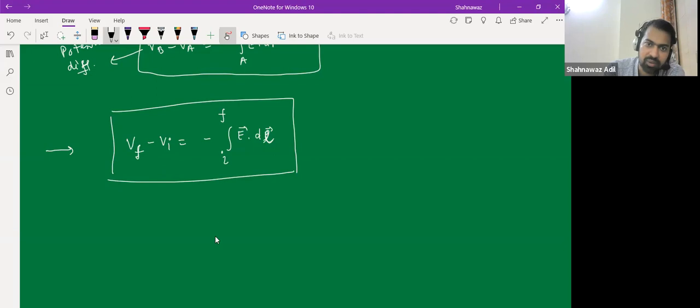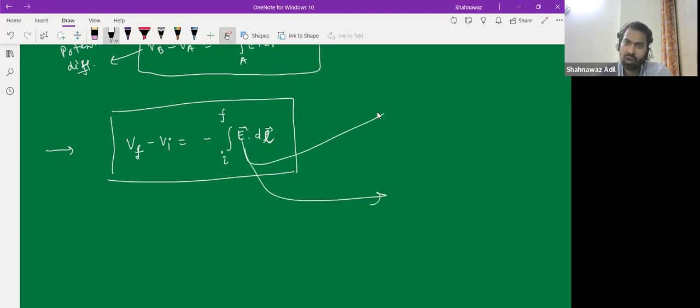Now, again, the same analogy that we did in the work done: this can be of two types, right? One would be that this is uniform, and the other would be that this is variable. So we can have two kinds of electric field, uniform and variable.